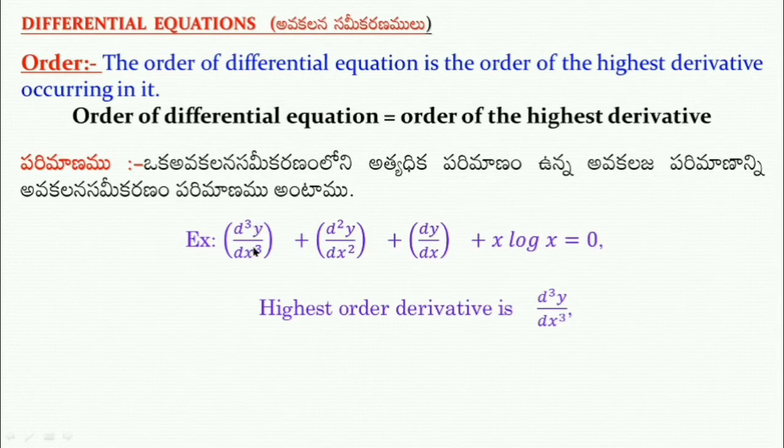So which one is the highest order derivative in this case? This d cube y by dx cube is the highest order derivative. What is the order of this highest order derivative? That is 3. So what is the order of the equation? The order of the equation is equal to the order of this highest order derivative, that is 3. So the order of the equation is 3.